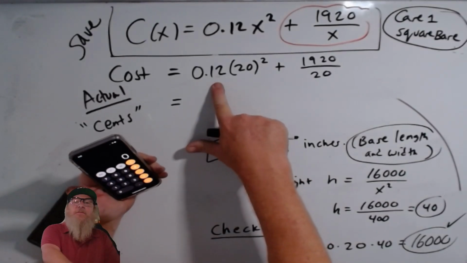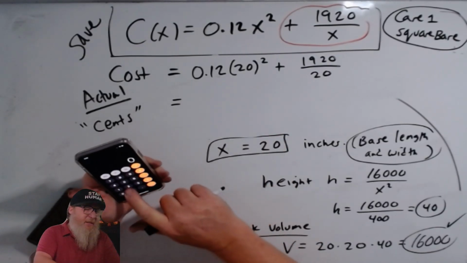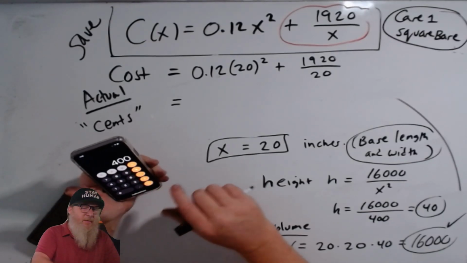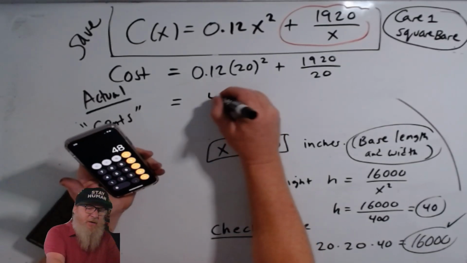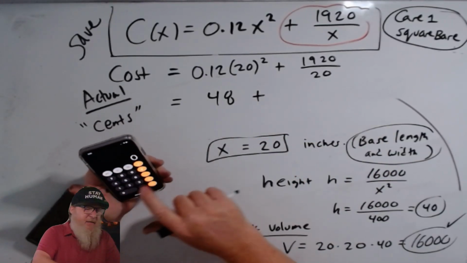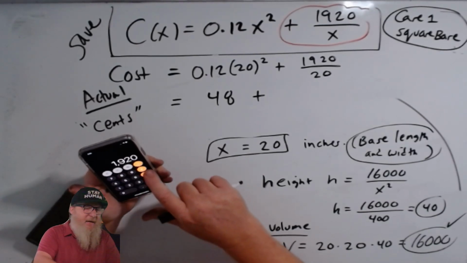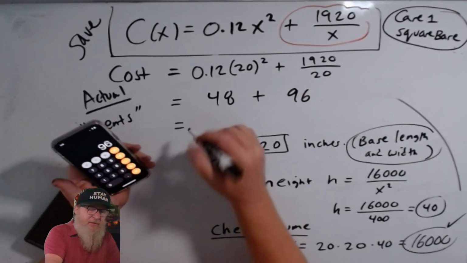Because that's not $0.12. That's 0.12 cents. So 20 squared, 400 times 12 cents is 48 cents, right? And then 1920 divided by 20 is 96.